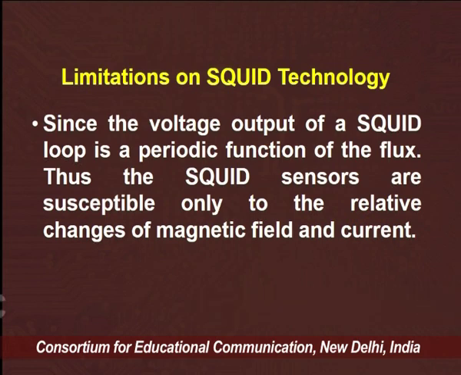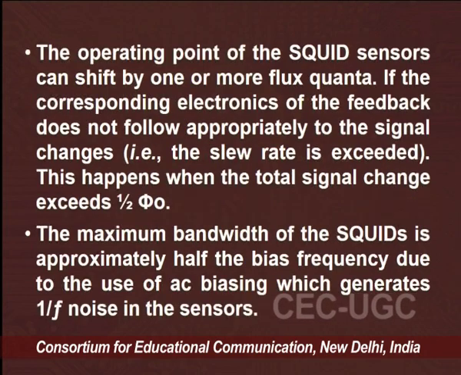Since the voltage output of the SQUID loop is a periodic function of the flux, the SQUID sensors are susceptible only to relative changes of the magnetic field and the current.